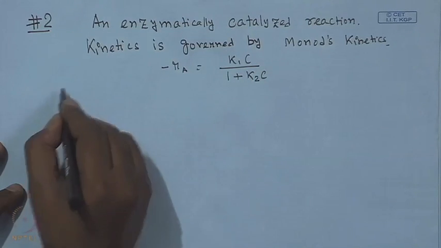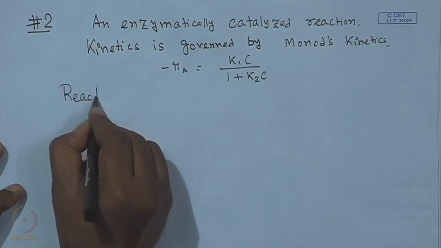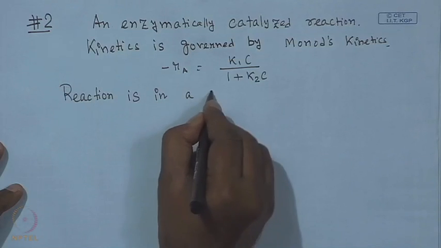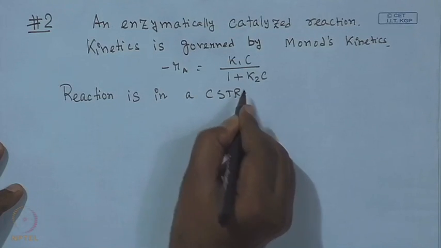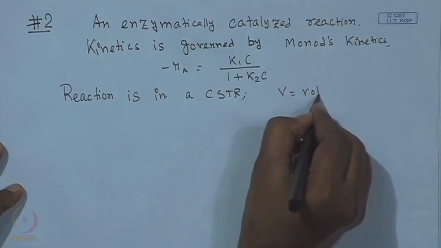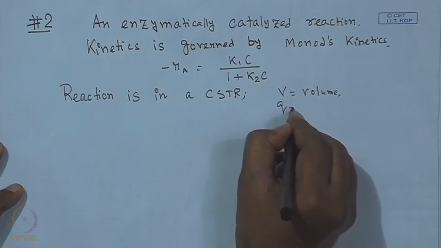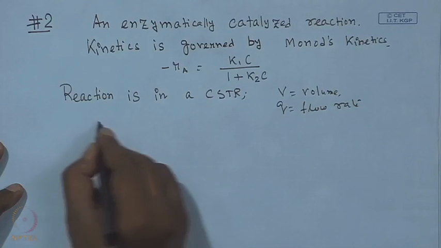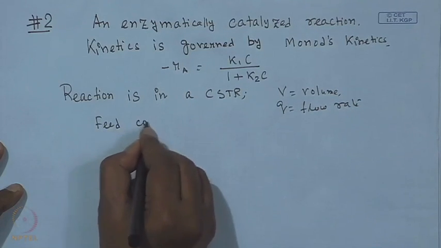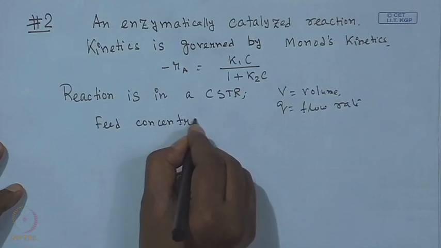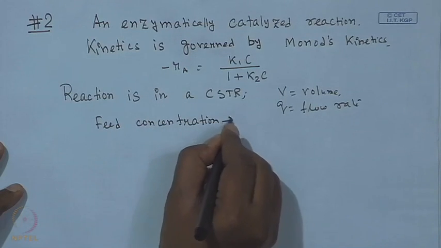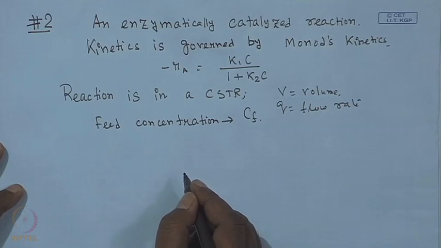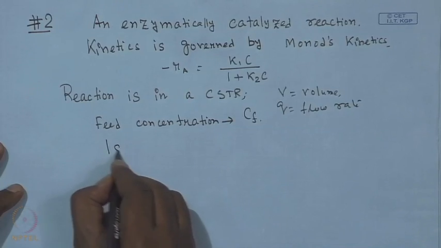We have again the reaction occurring in a CSTR with volume V, flow rate Q, and feed concentration of reactant CF, and again we are considering an isothermal irreversible reaction.